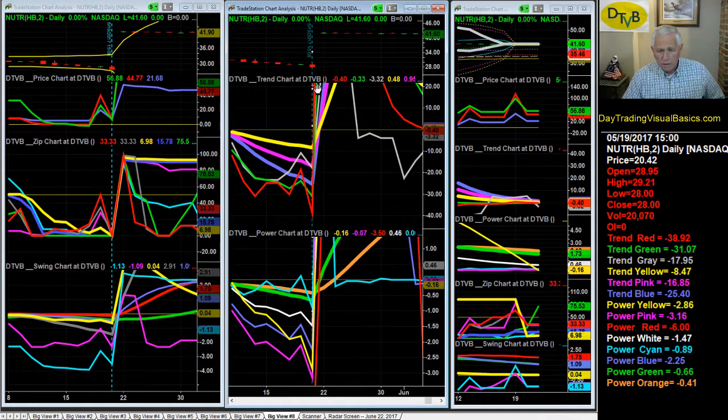And it goes from it closed at $28 and it opened at $42. So really, really powerful example of a gap up situation.